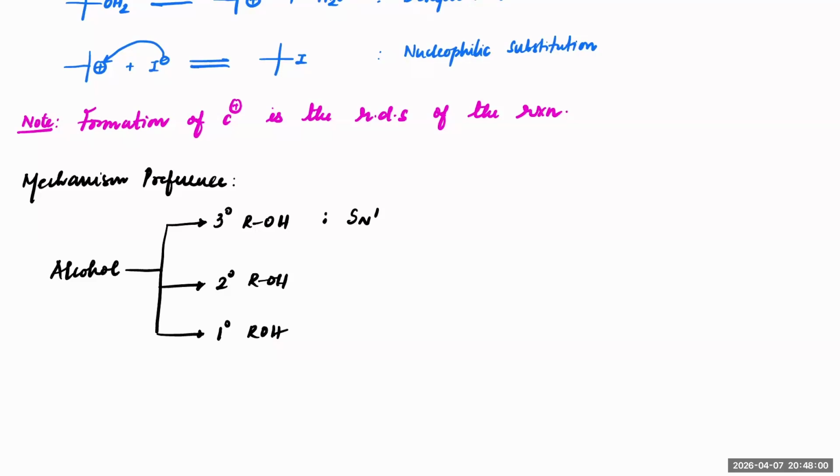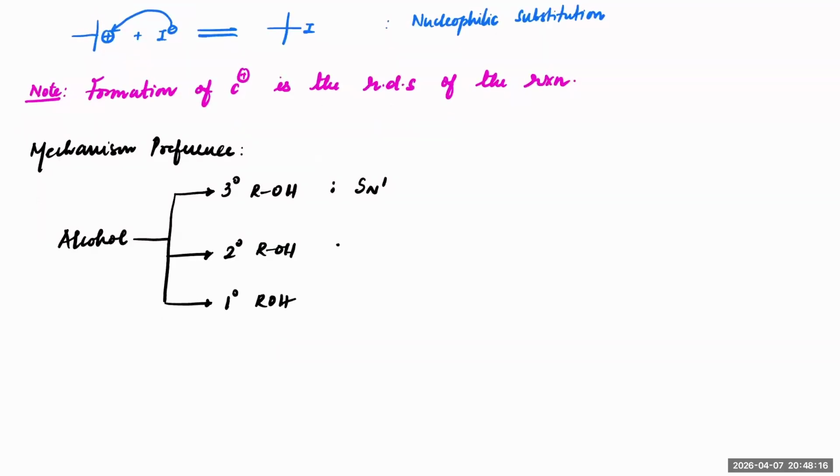It will always go via SN1 mechanism. Next, in case we have 2 degree, how do we need to think? In case of 2 degree, it can go via SN1 mechanism as long as we are comparing this with HI, HBr, and HCl.